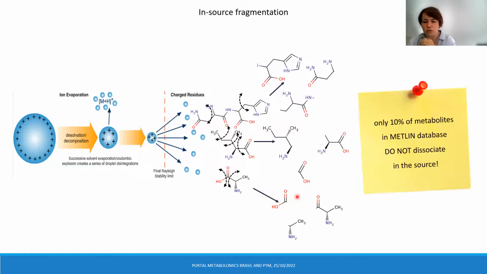And this is not a trivial problem. This is a very, very serious problem, which people are taking more and more seriously year by year, because only 10% of metabolites that are in the METLIN database do not dissociate in the source. So that means, let's read this the other way around, 90% of the molecules dissociate in the source. So this is quite a serious problem.